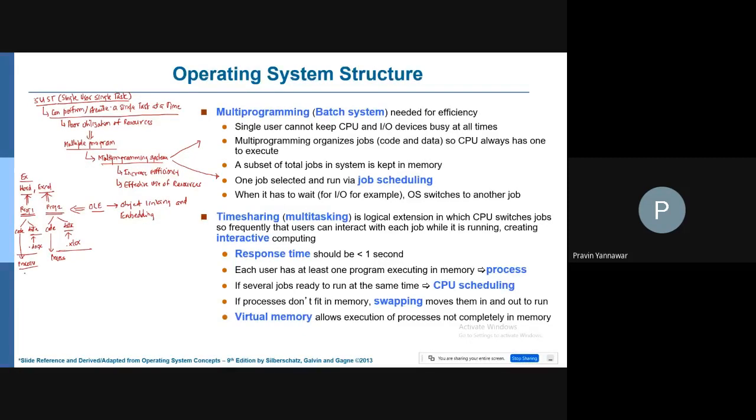Microsoft Word has its own different processes running independently, for example spell check, grammar check, and formatting. These processes are independent and different, so in this case you can go with the multi-programming system.